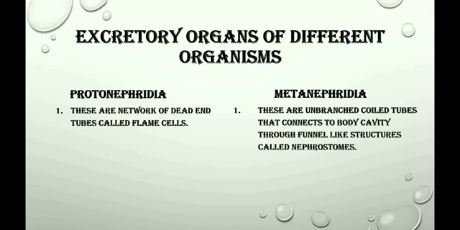In metanephridia, you will find they are unbranched coiled tubes that connect to body cavity through funnel-like structures, or they are called nephrostomes. So, protonephridia contain flame cells and metanephridia contain nephrostomes.